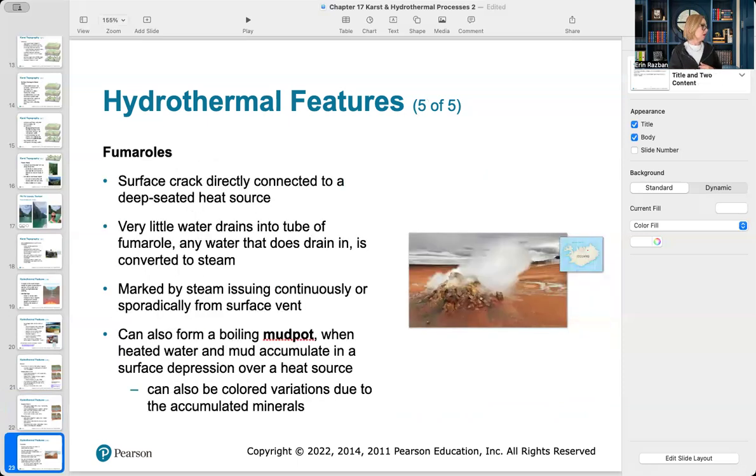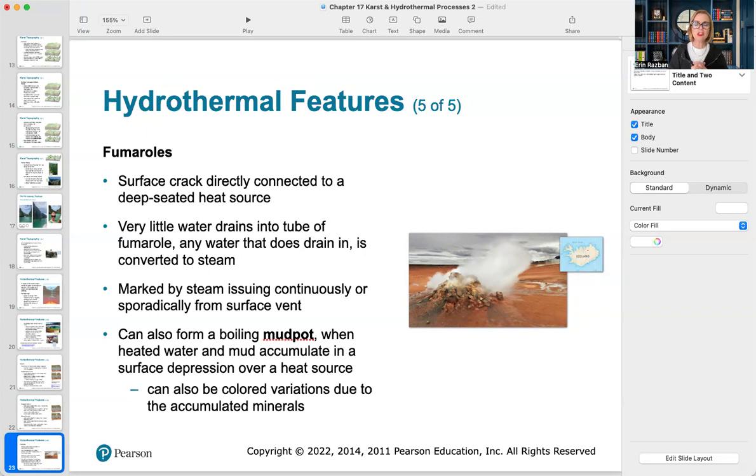We also have what are called fumaroles. This is going to be our final hydrothermal feature, and essentially a fumarole is a steam vent. Fumaroles form when there is minimal groundwater but a direct connection to a heat source. So we don't have as much groundwater as we do in places like Iceland and Yellowstone, although we do see fumaroles in these locations.